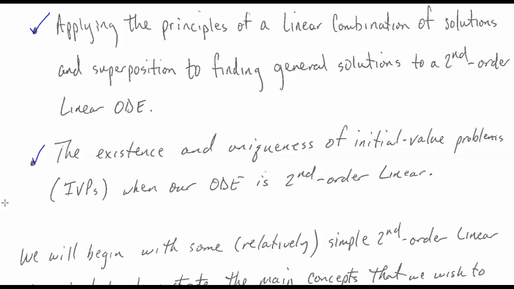Whenever we have an initial value problem for a second order differential equation, we need two initial conditions and we'll end up having two constants coming from our integration that we need to solve for.